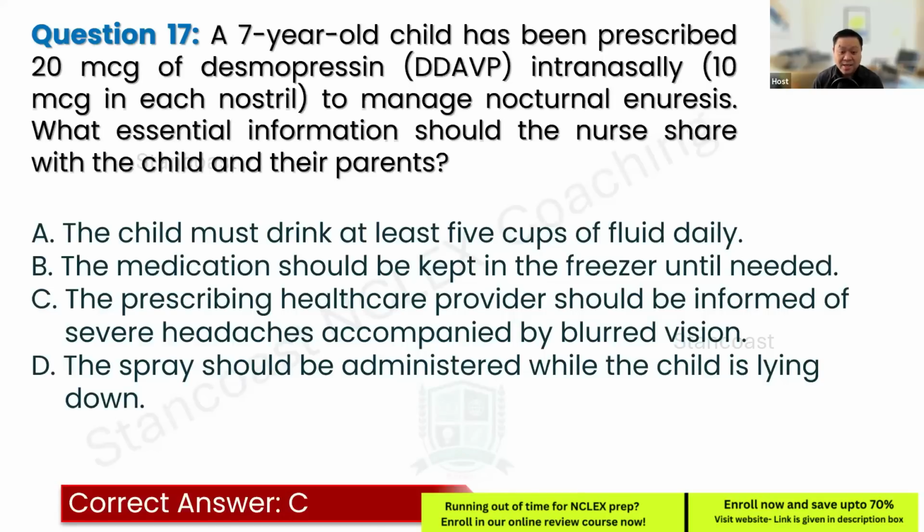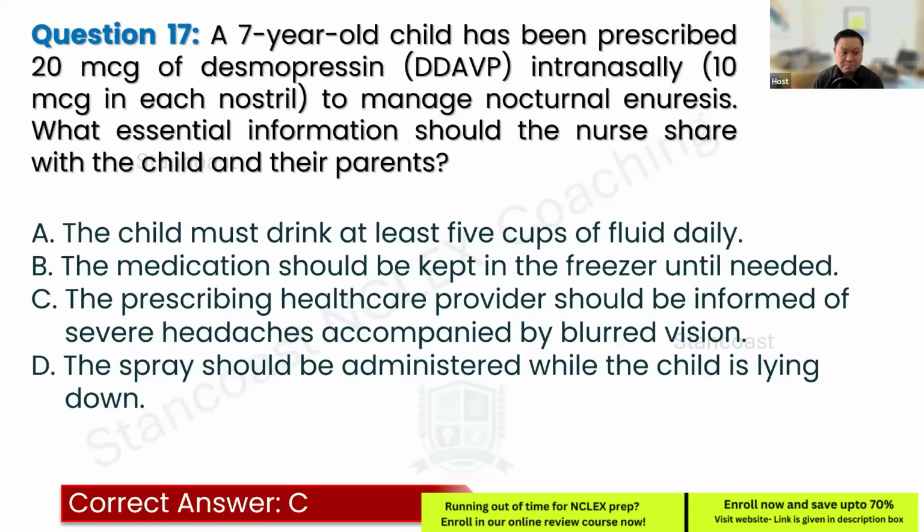Letter B is also incorrect because we know that Desmopressin should be refrigerated but not frozen. And D is also incorrect. The child should be sitting upright and the nasal spray should be held vertically for proper administration.